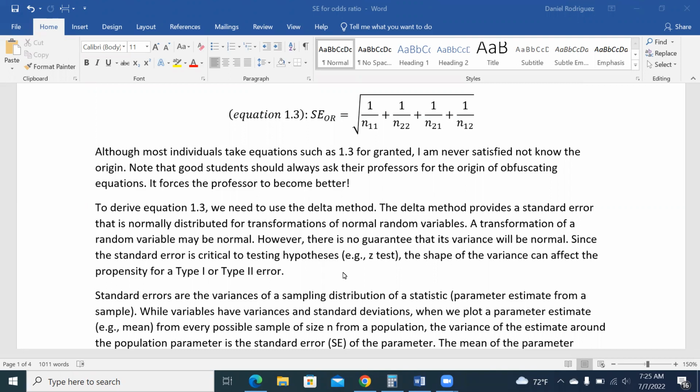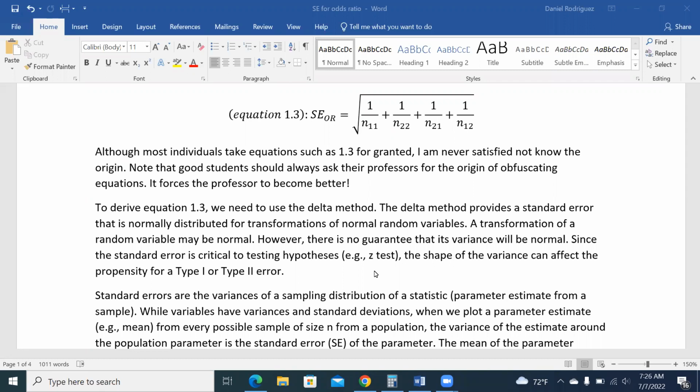We need the variance to be normally distributed as well, because if we calculate test statistics, most test statistics are model divided by some measure of error, like standard error. And if the standard error is skewed in either the positive or the negative direction, it's going to grossly affect our probability of a type 1 or type 2 error, right?